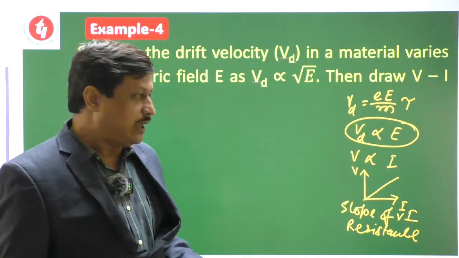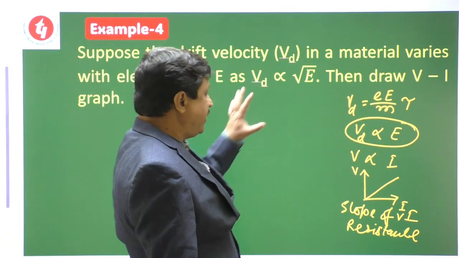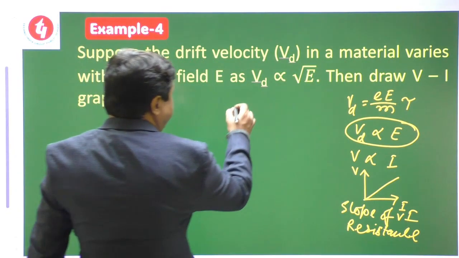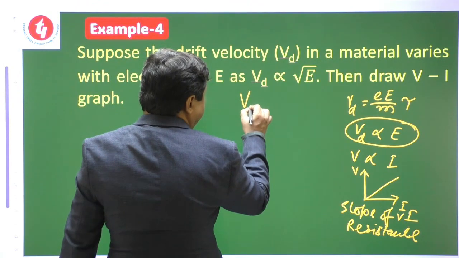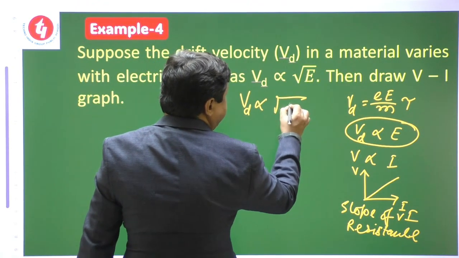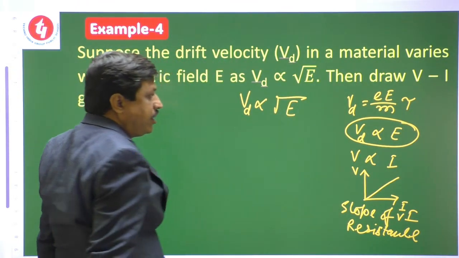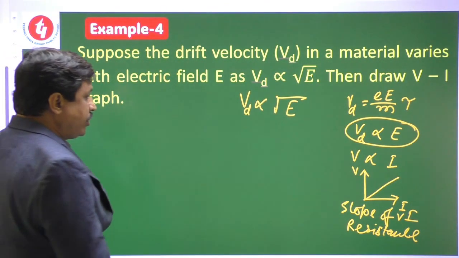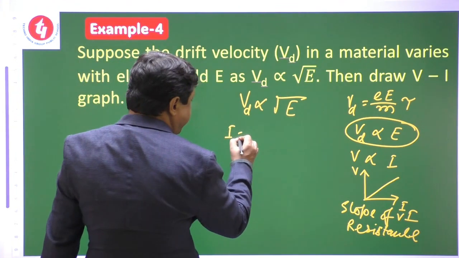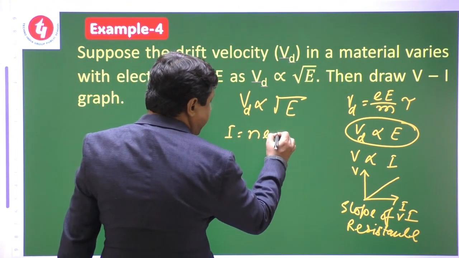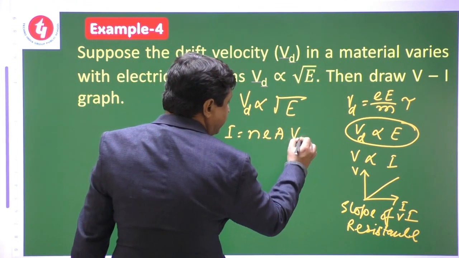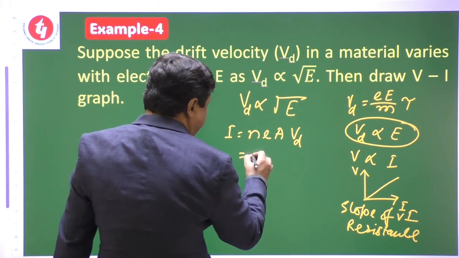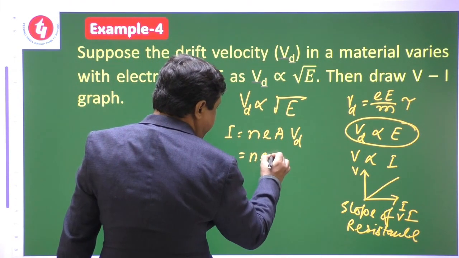But here Vd is given as directly proportional to root E, not E. Then what will happen? You know that I equals NEA Vd.